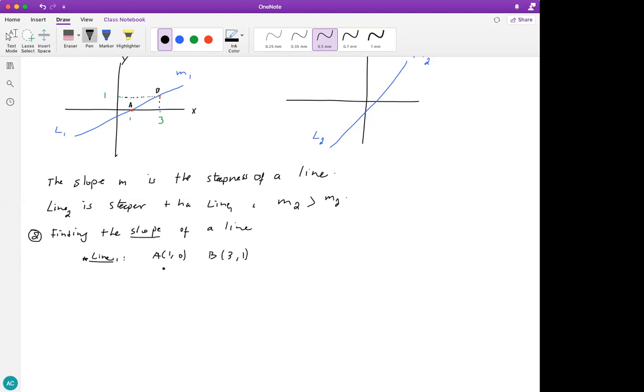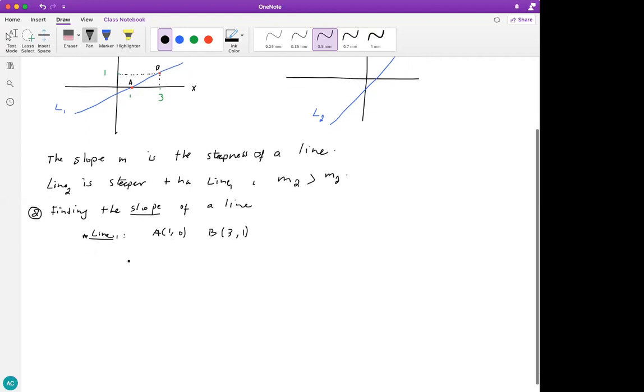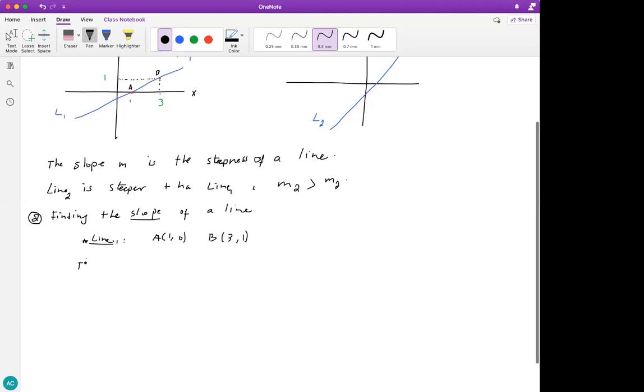Once you have those 2 points, we have a formula called the slope formula. So the slope formula is this.